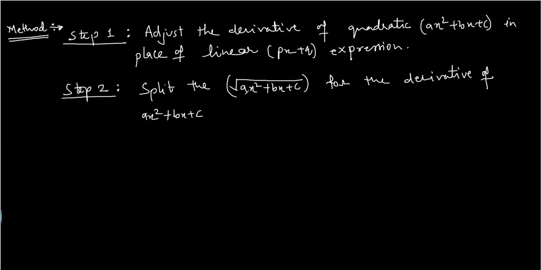Split the square root of ax square plus bx plus c for the derivative of ax square plus bx plus c by multiplying inside the bracket. What does this mean?